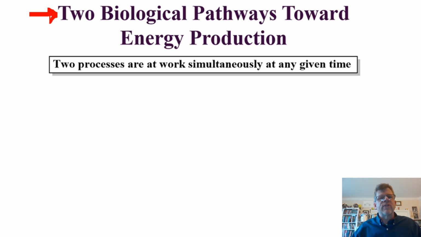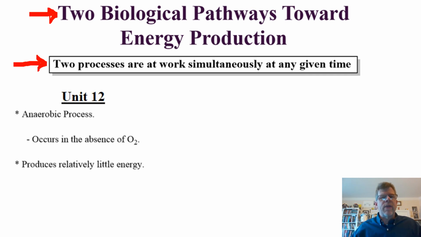We've just finished looking at one of them, glycolysis, but there are 2 processes at work at any given time. This anaerobic process occurs in the absence of oxygen, producing relatively little energy. Per molecule of glucose, we will produce 2 ATP.